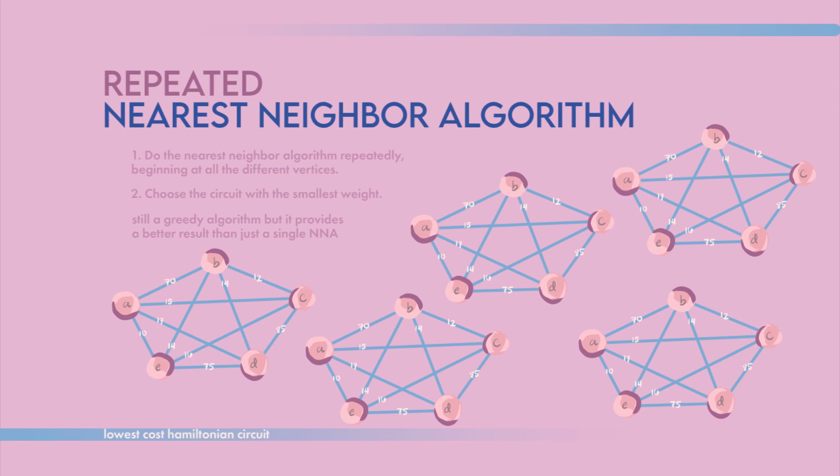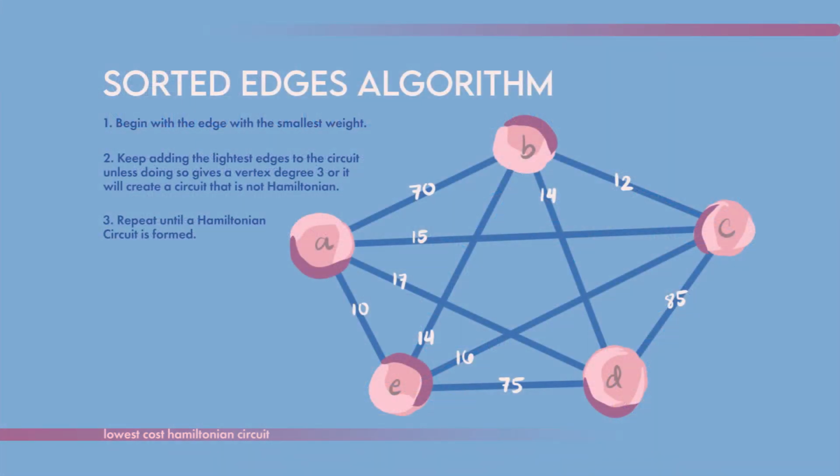The third and final algorithm we will be discussing is the sorted edges algorithm. Here, we begin with an edge, but not just any random edge. We begin with the edge with the smallest weight. We then keep adding the lightest edges to the circuit, unless doing so gives a vertex degree 3, or it will create a circuit that is not Hamiltonian.